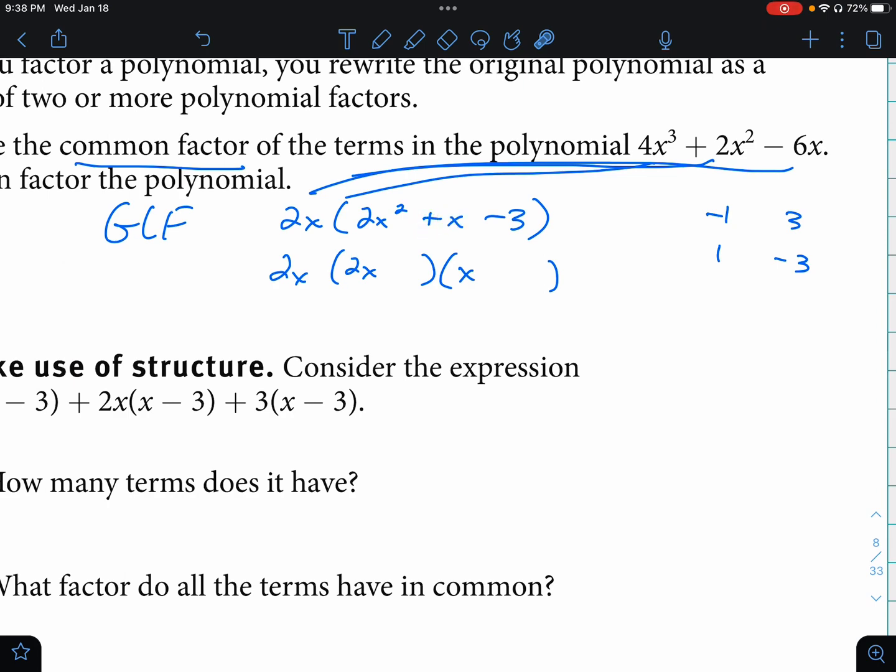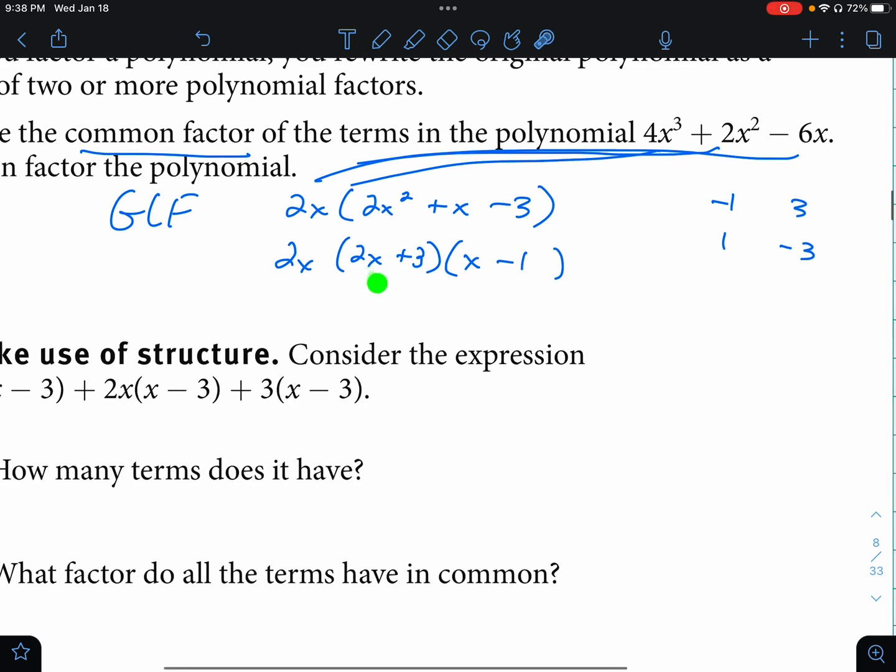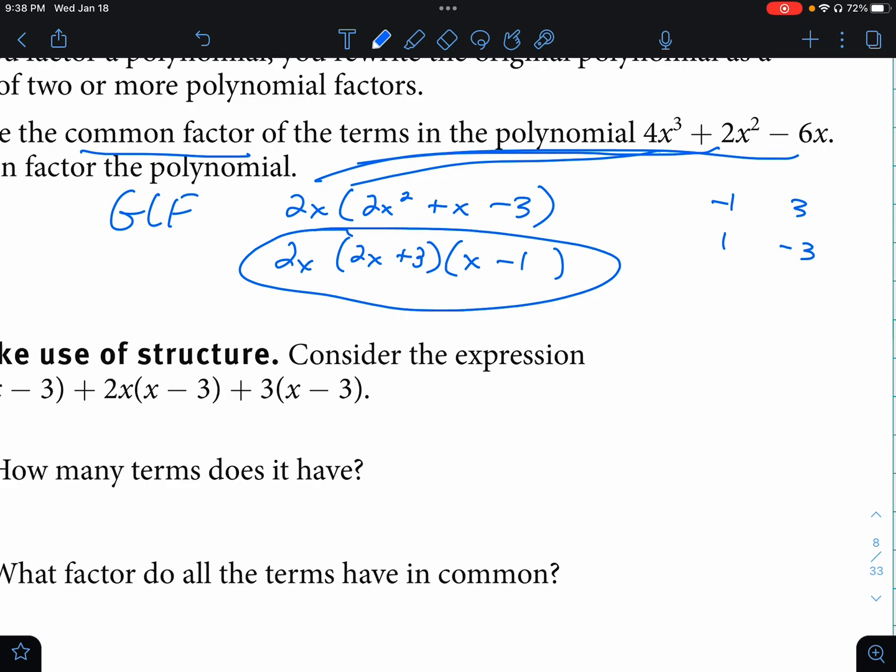So I'm thinking that if I do a positive 3 and then a negative 2 by putting the negative 1 here, that'll work out for the middle term. So again, negative 2x plus 3x, that'll add up to that middle 1x in the middle. So fully factored. Eventually we'll set each of those pieces equal to 0 in our next section. But right now, just breaking it down as far as we can.